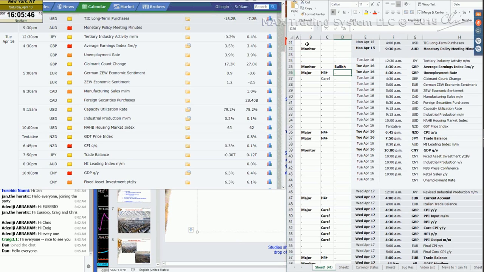Then we have the Euro German economic sentiment, major bullish, and the Euro economic sentiment, major and bullish too. We have the CAD manufacturing sales month over month, major to be defined.